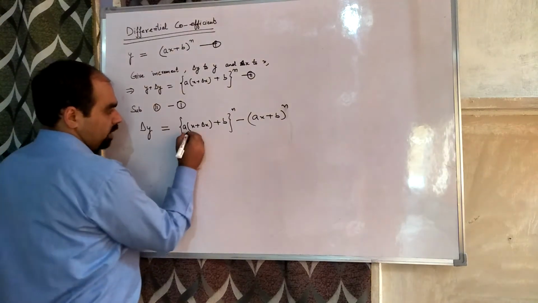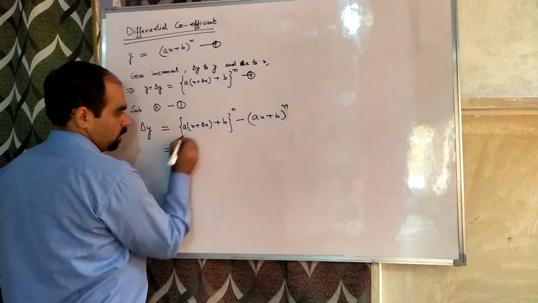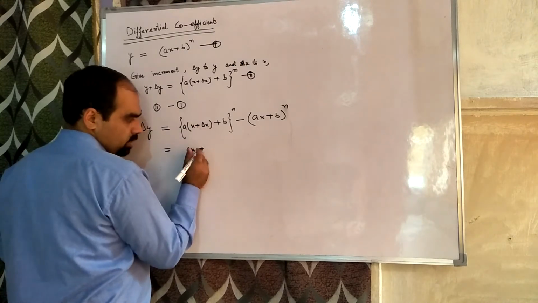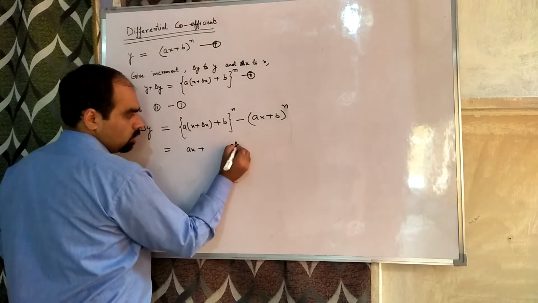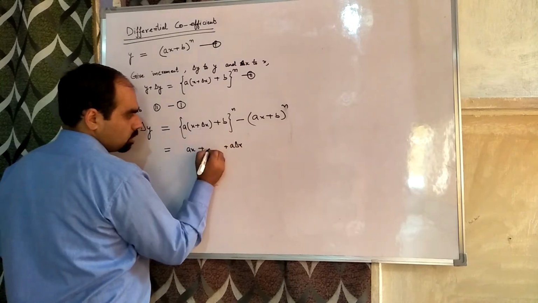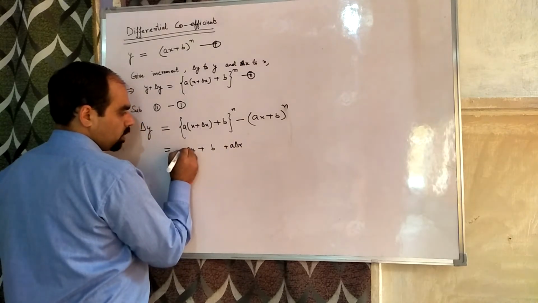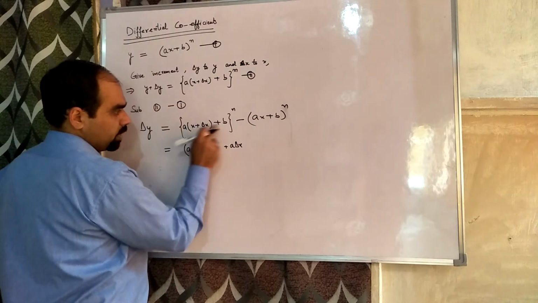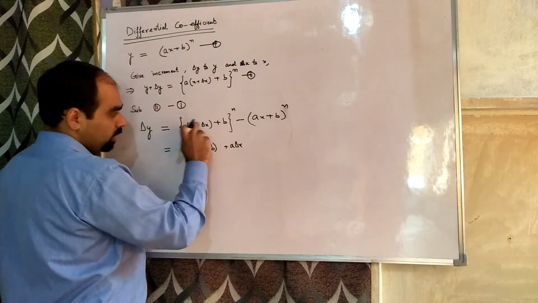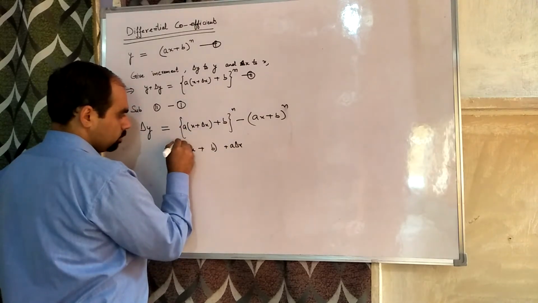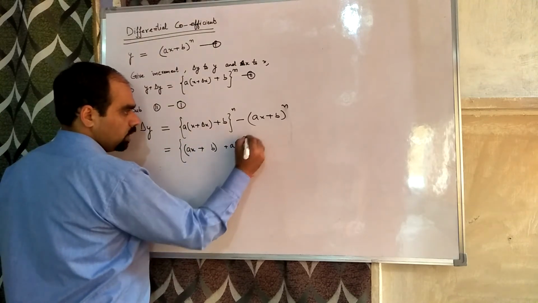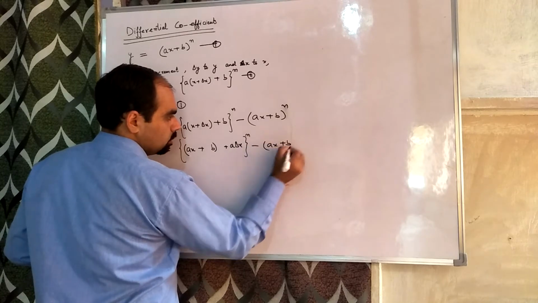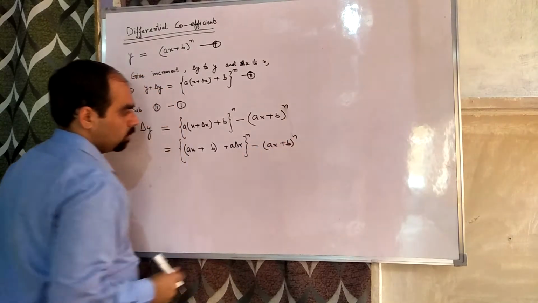Now expand this term, a into x plus a into delta x. So we have written ax plus b first, then written a delta x, raised to power n, minus (ax plus b) raised to power n.